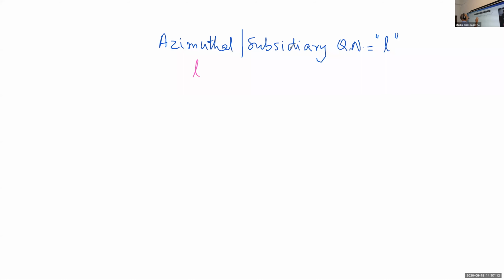L can have n values, starting from 0. So 0, 1, 2, 3, etc., up to n minus 1.